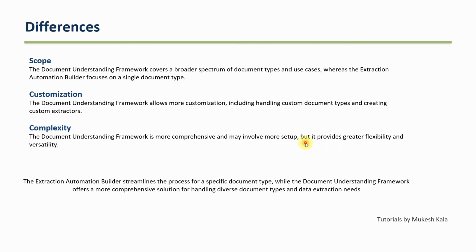Whereas in the extraction builder, you can start immediately. So if I have to summarize it in one line, the one line would be this, which I have highlighted. The extraction automation builder streamlines the process for a specific document, whereas the DU framework, or the document understanding framework, offers a more comprehensive solution for handling diverse documents and data extraction needs, right? So I hope till this point you understand that we have two things.